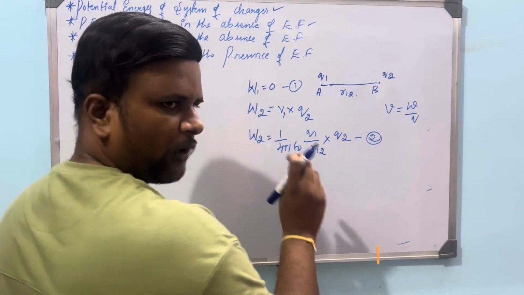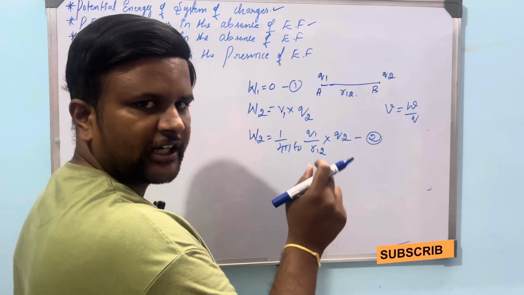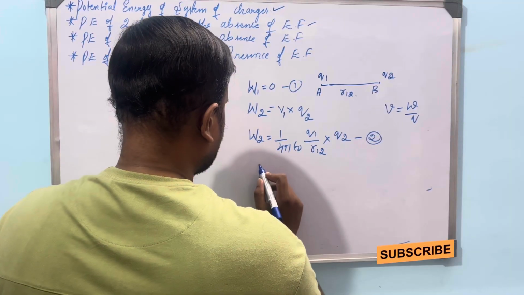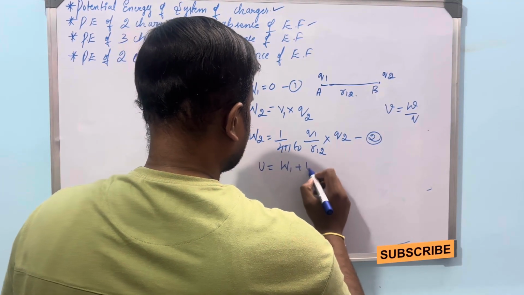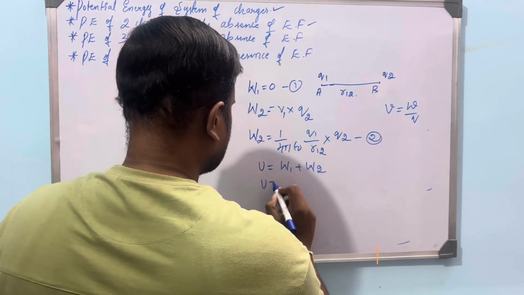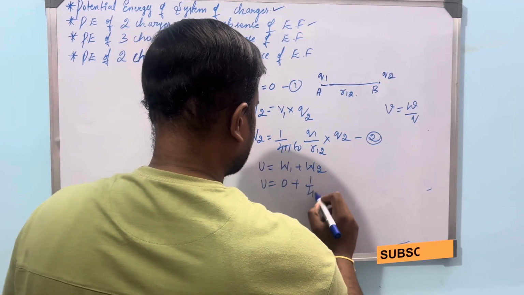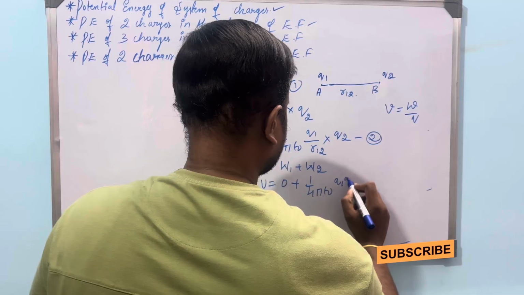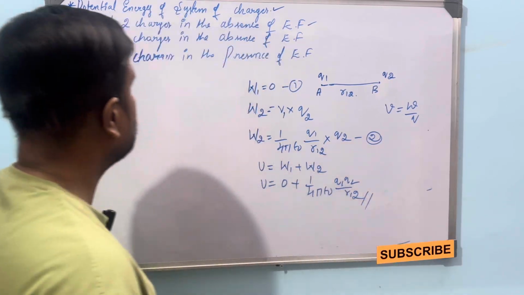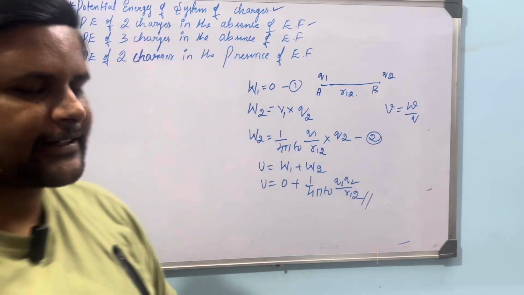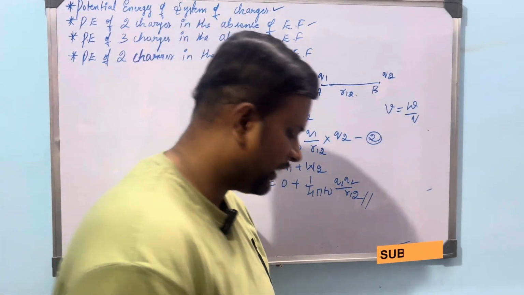Now this work done is stored as potential energy inside the charges. So total potential energy U becomes W1 plus W2. U is equal to W1 is 0 and W2 is 1 divided by 4 pi epsilon Q1 Q2 divided by R12. Okay, so this is the final expression for the potential energy of two charges in the absence of electric field.